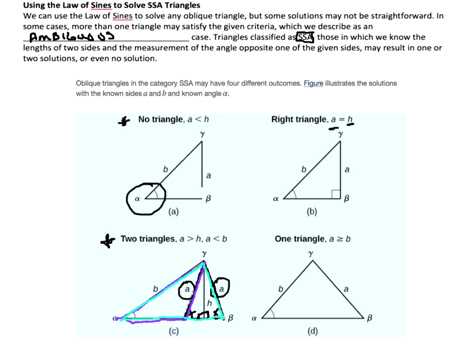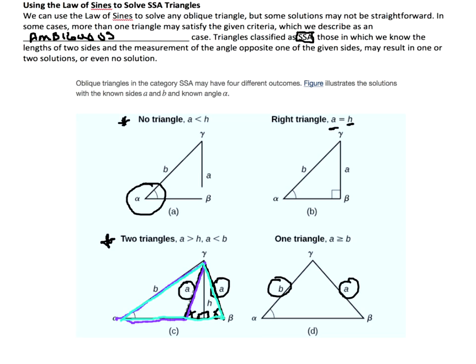So you've got two cases. And then we have the case where our side A is greater than or equal to our side B, and that just gives us one. This is the ambiguous case. You're not really sure. Actually, all of these are represented by the ambiguous case.